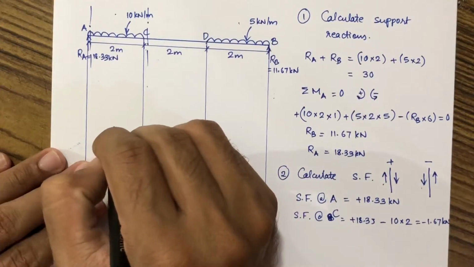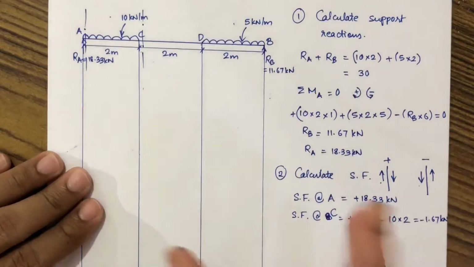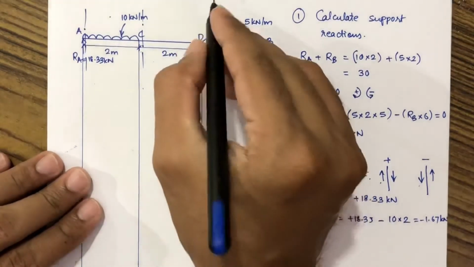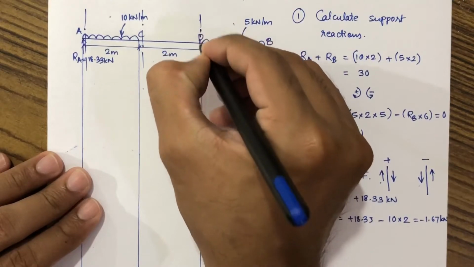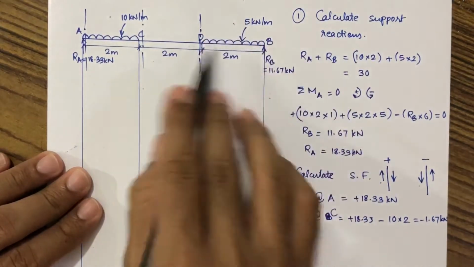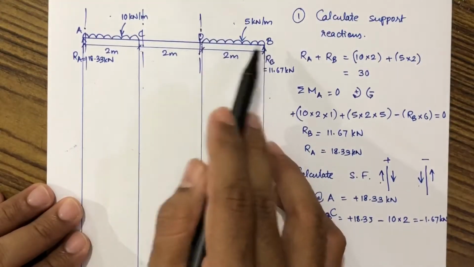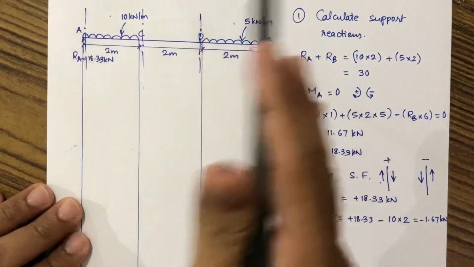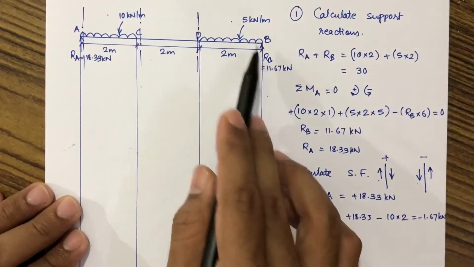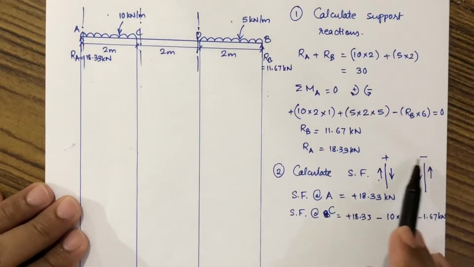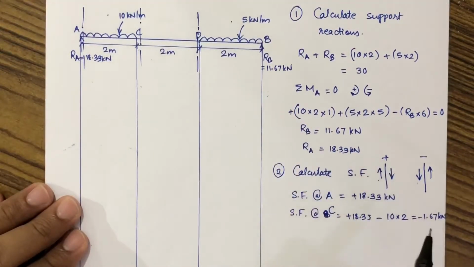Next we have to calculate shear force at D. Now if we need to calculate shear force at D, we can do it from any of the side. Both sides the value should be same only. So let us calculate the shear force from this side. Now this is the section and we are taking the section to the right of this section. So to the right, if it is moving upwards, it is minus, and to the right if it is moving downwards, it is plus.